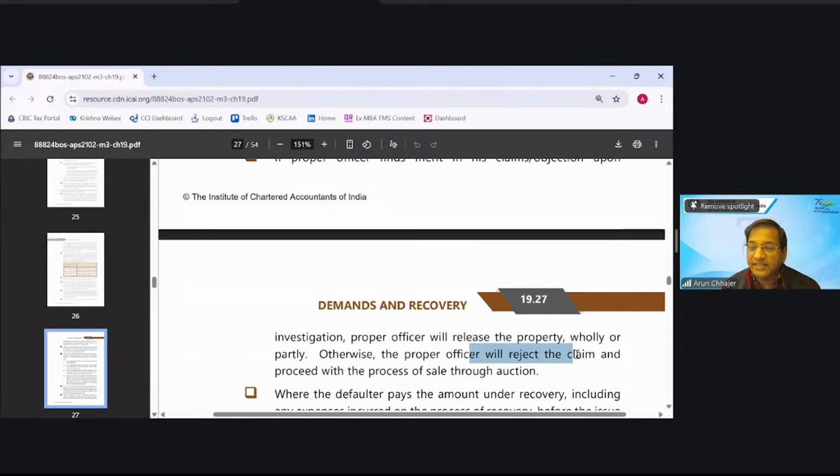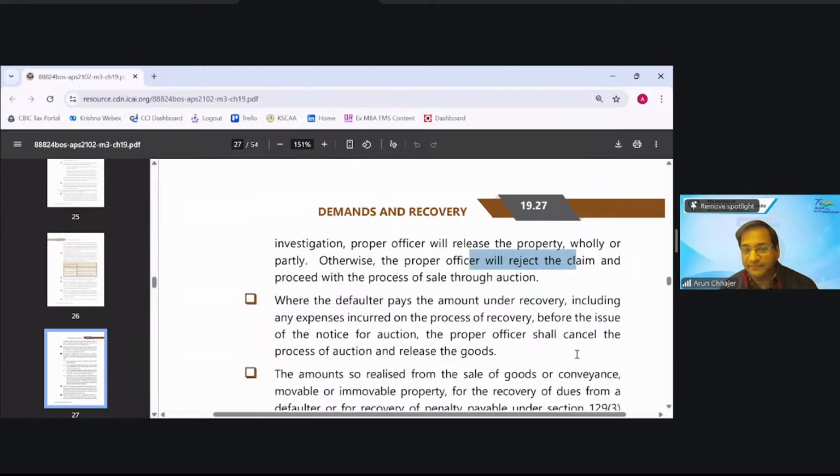Otherwise, the officer will reject the claim and proceed with the sale. When the defaulter pays the amount under recovery, including any expenses incurred on the process of the recovery, before issuance of the notice, the officer shall cancel the process of auction and release the goods.